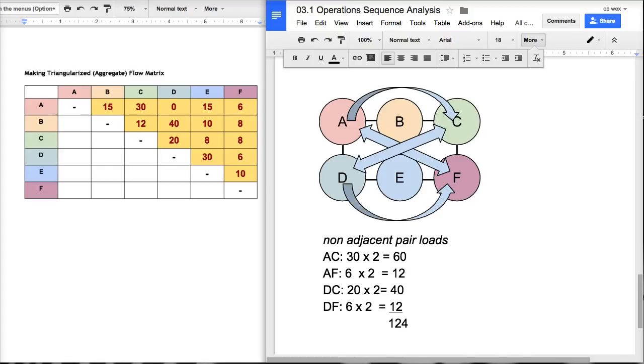The next step is to think about how we can rearrange the different buildings so that we can bring this non-adjacent weighting lower. If we think in a strategic way about this, we've got A and C. I can see the number there is 30. That results in a weighting of 60, which is a big component of this 124.